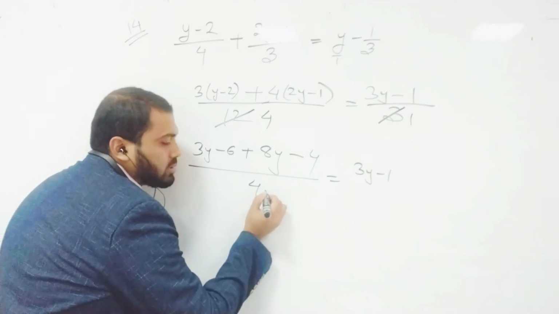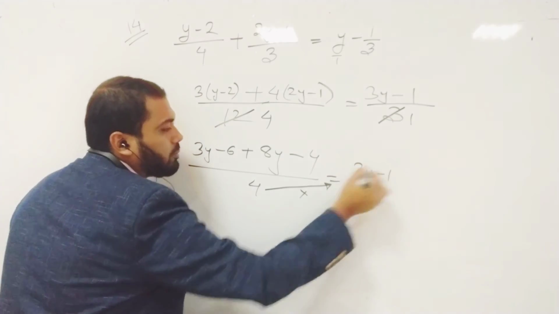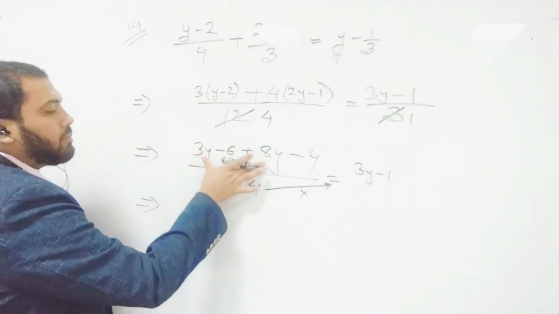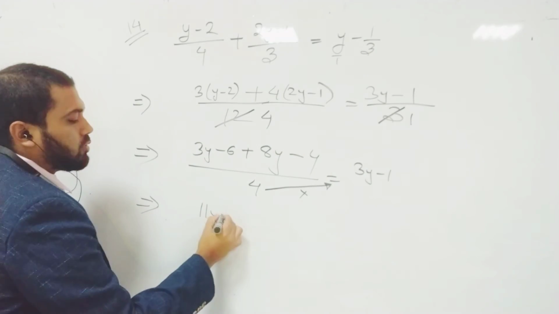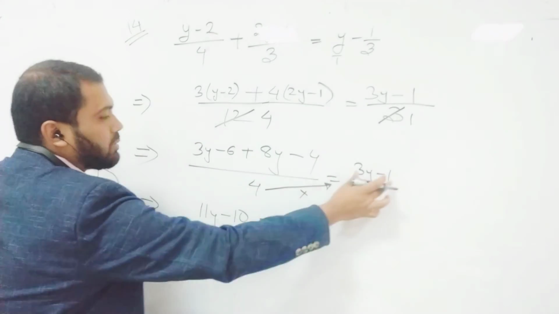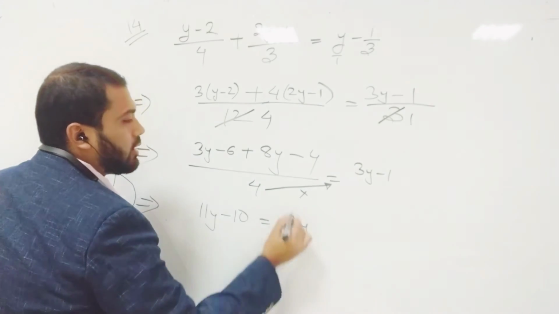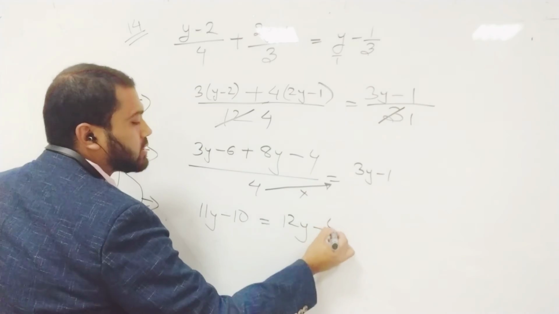Next, this 4 gets multiplied with the opposite side. So 3y plus 8y is 11y, minus 6 minus 4 is 10. And this 4 gets multiplied with this part, so 4 into 3y is 12y, minus, then this 4 gets multiplied with 1, so it becomes 4.